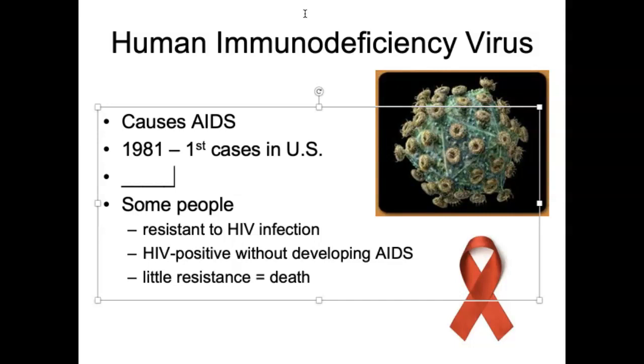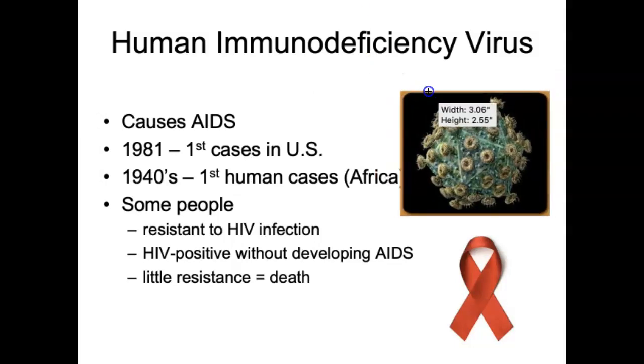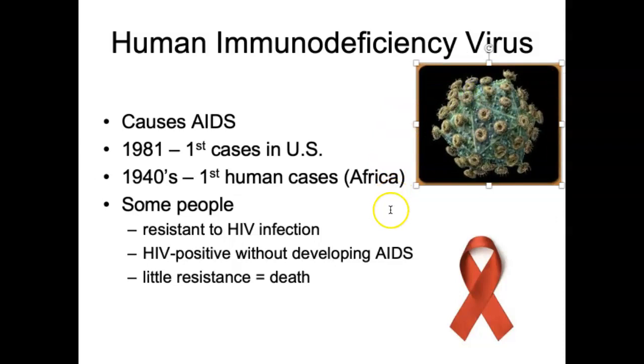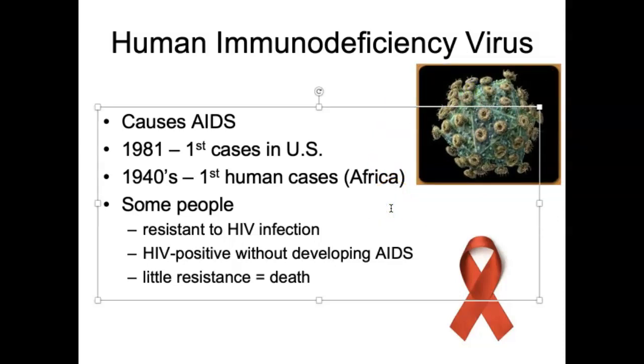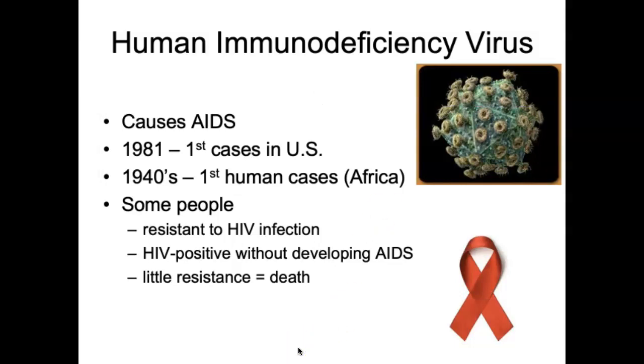It's believed the first human cases were in Africa, in the 1940s. So it is possible that this virus has been around longer than that. We just don't know. But confirmed cases of HIV date back to the late 1940s-ish, early 50s in Africa. And it took about 40 years to make its way to the US.